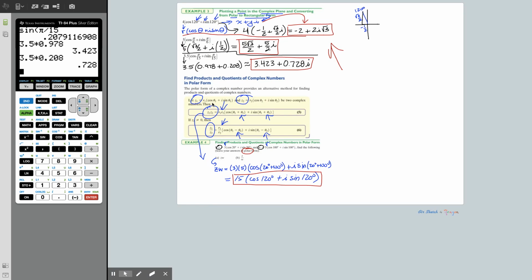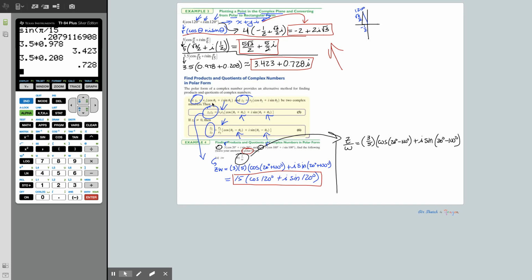Let's go ahead and do the quotient of Z and W. So Z divided by W is going to look like this. I'm going to divide them, which means I'm going to divide the R values. So that's 3 divided by 5. I'm going to take the cosine of 20 degrees minus 100 degrees. It's got to be in that particular order, plus i times the sine of 20 degrees minus 100 degrees again.